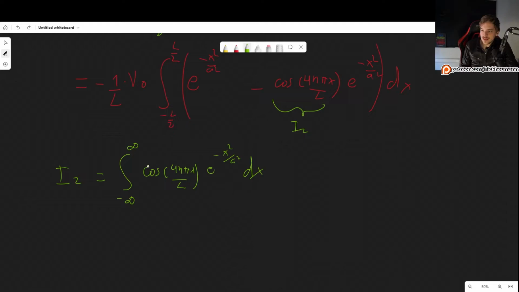Well, this is not easy to solve like this. In fact, if we just leave it like cosine, there's not much we can do. But what we can do is write cosine in terms of exponentials.